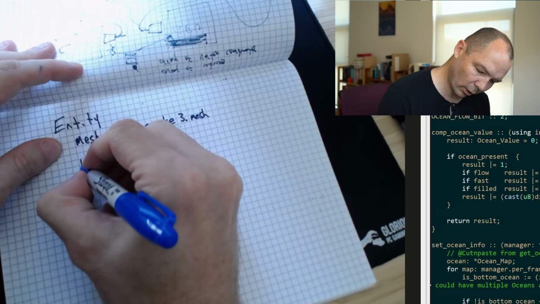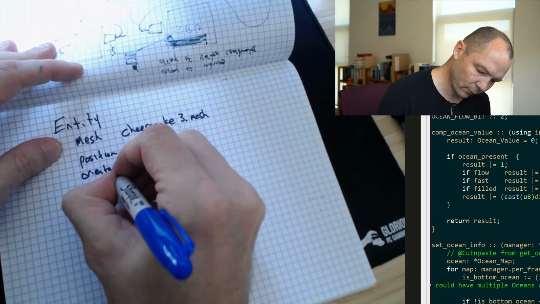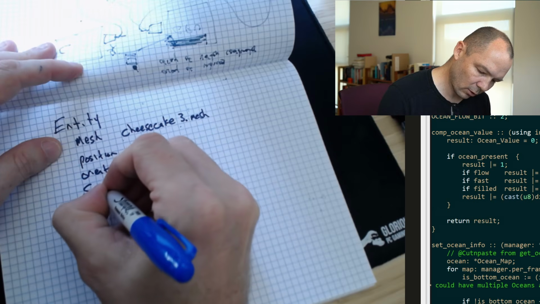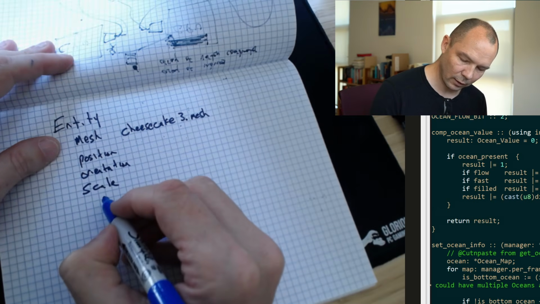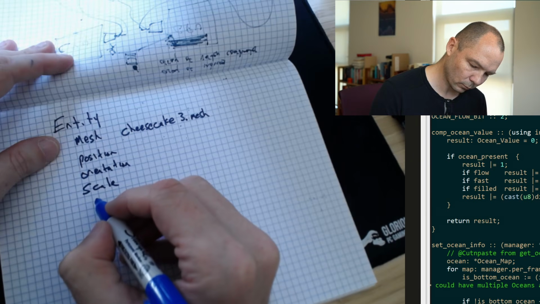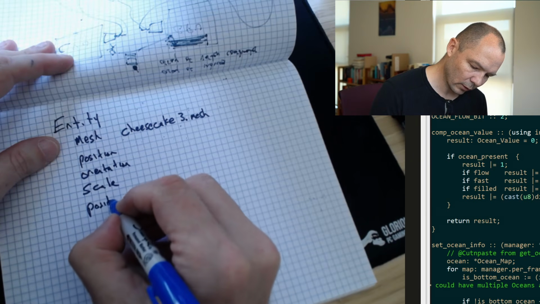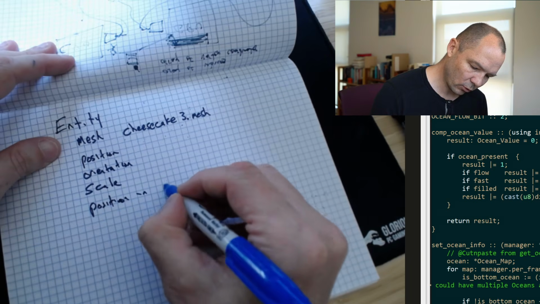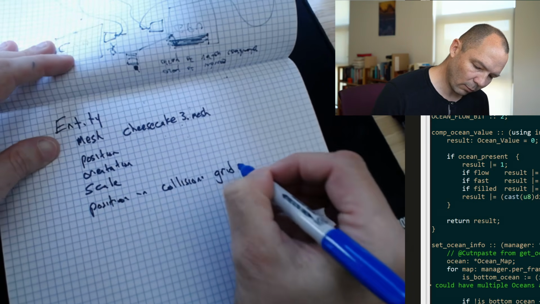And it's got, well, a position, orientation, scale. Maybe it's got some additional stuff like position in collision grid, whatever. There tends to be a lot of administrative data.